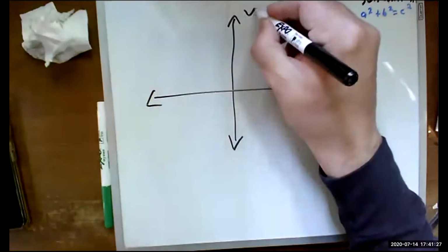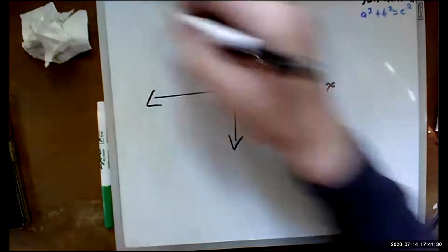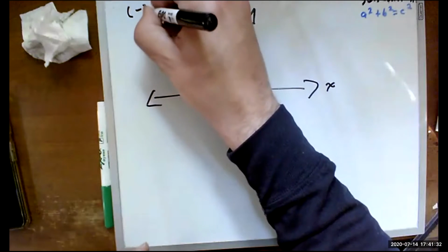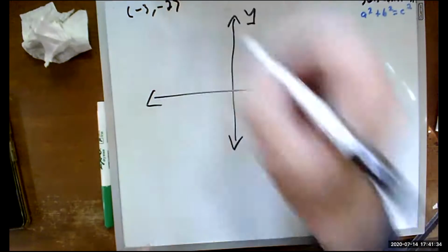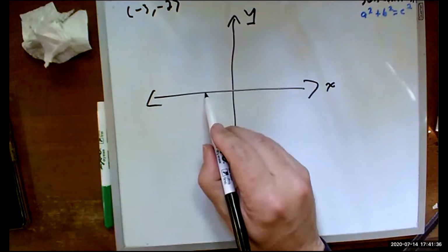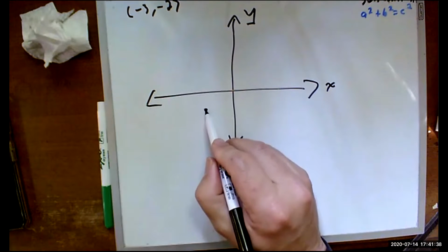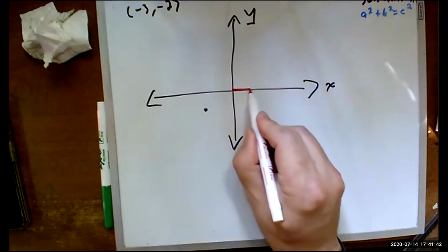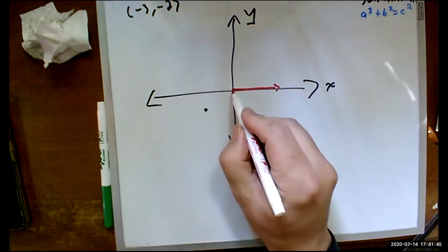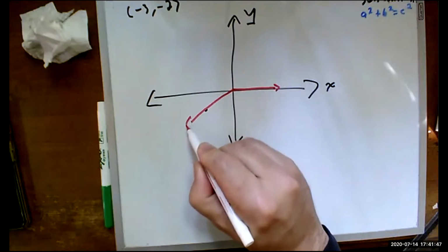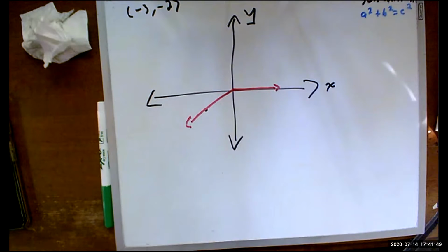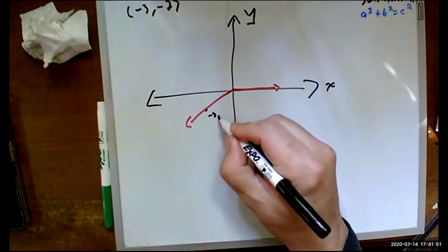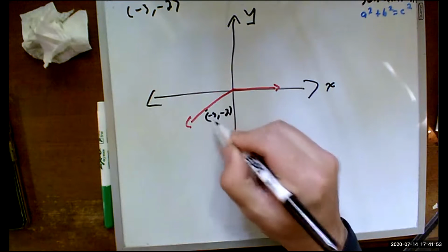There's our x. There's our y. We're being given the point (-3, -2). So if we go back to -3, go down to -2, we'll call the point approximately there. There's our initial arm. There's our terminal arm. And there's our point, (-3, -2).